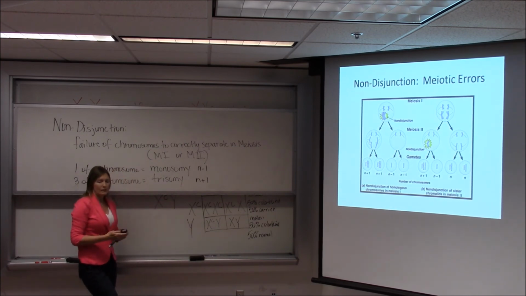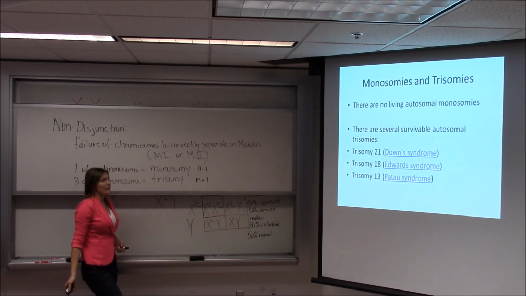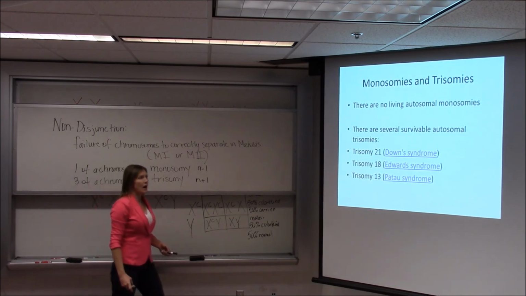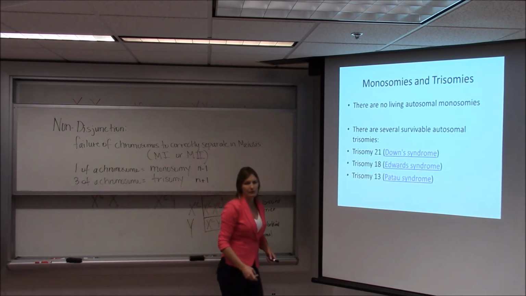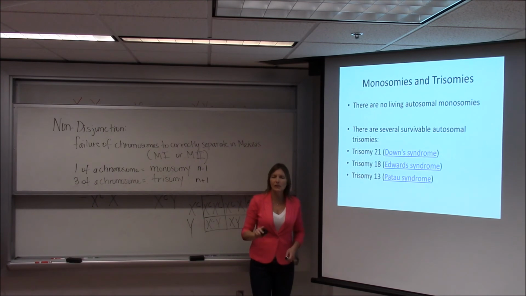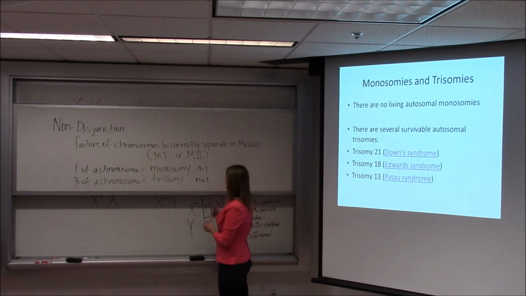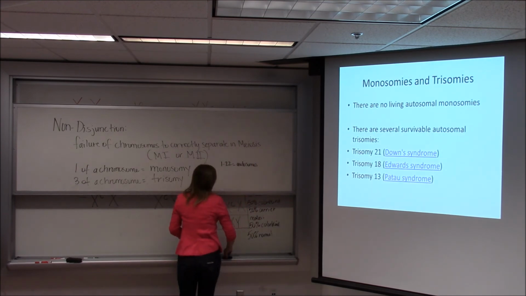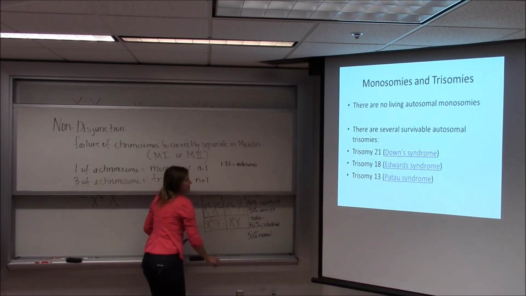Non-disjunction. Here's the rule. There are no living autosomal monosomies. You have to have at least 2 of your autosomes. Remember, autosomes are 1 through 22. There are no living autosomal monosomies. There are some living autosomal trisomies.